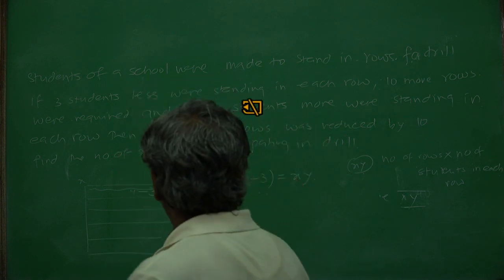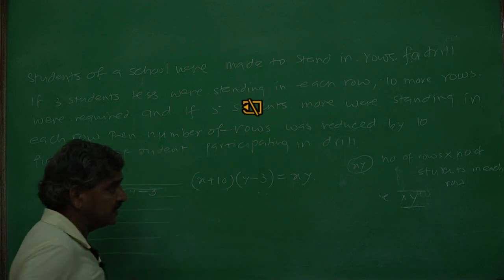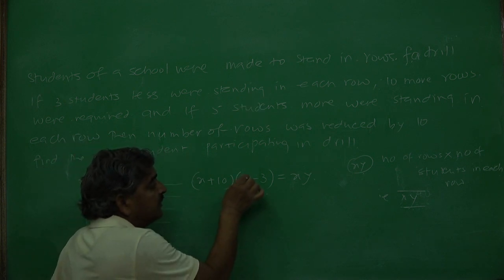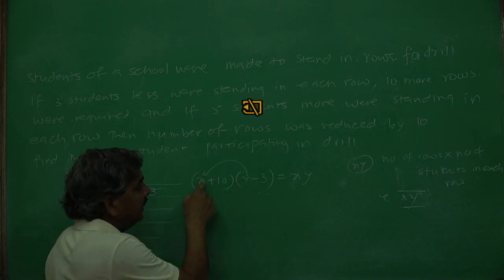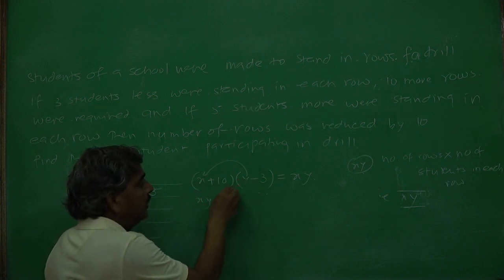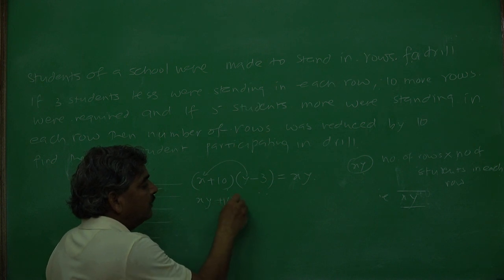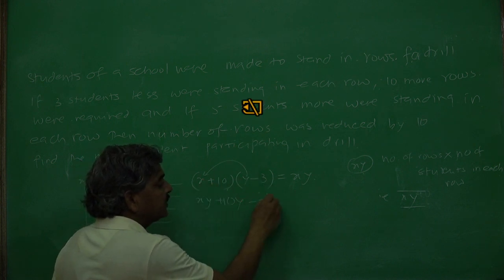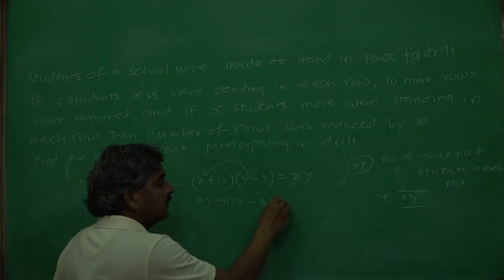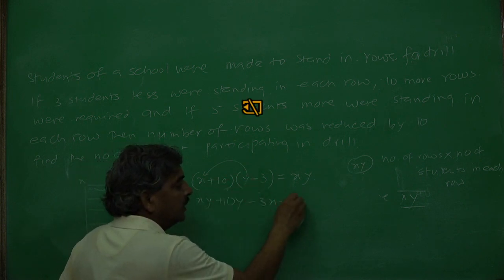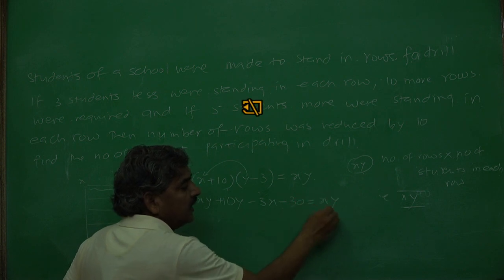Okay, so let's simplify this equation. How to simplify? Multiply Y to the first bracket. If I multiply, X into Y plus 10Y, next minus 3X, minus into plus minus 3 into 10, minus 30, is equal to XY.